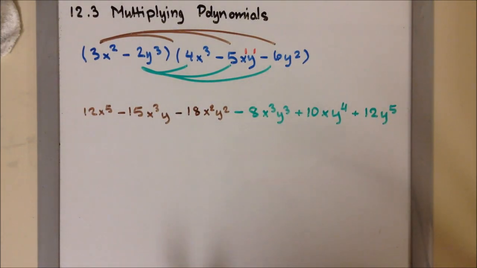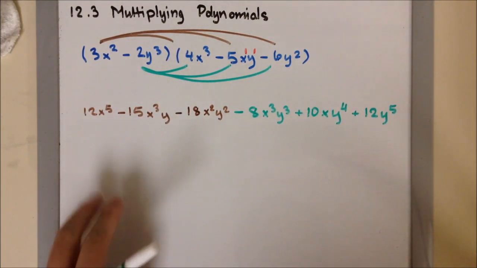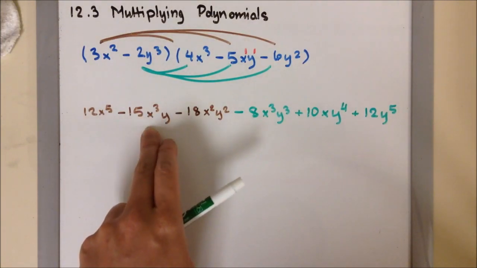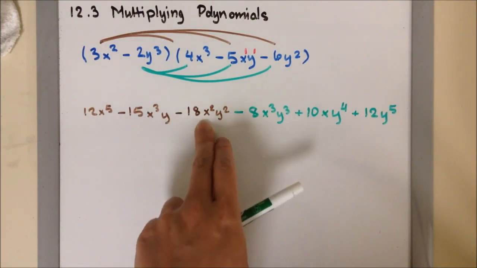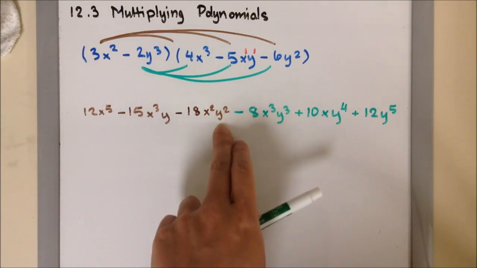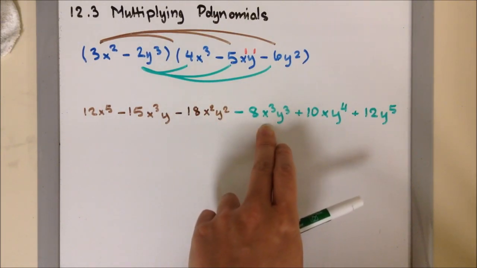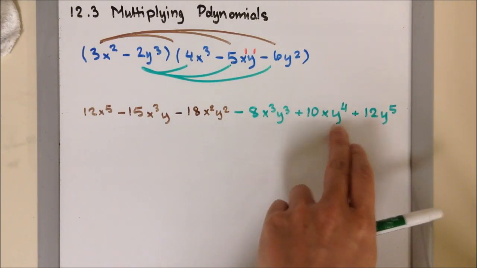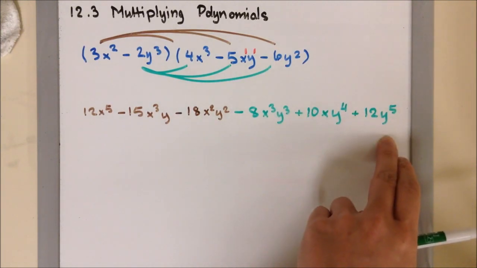Now let's take a look. Can we add any terms together? No x to the fifth, no more x to the third y, no x to the second power y to the second power, no more x to the third power, no more y to the third power, no more x y to the fourth power, and then there's no more y to the fifth power.